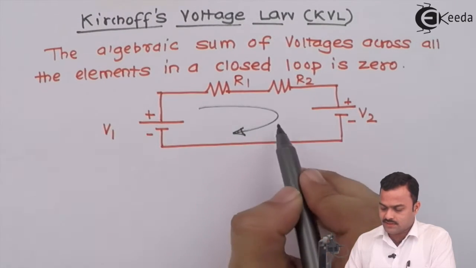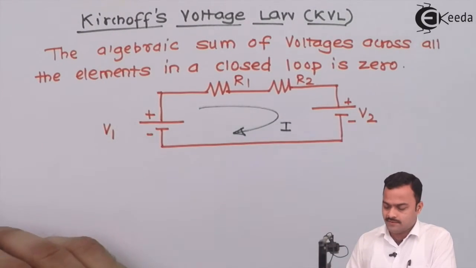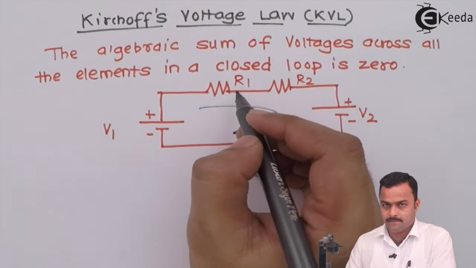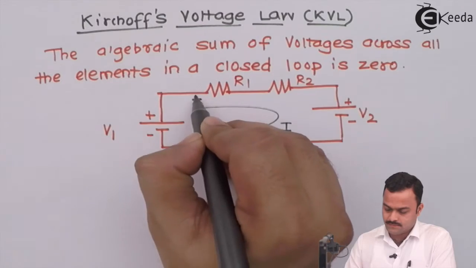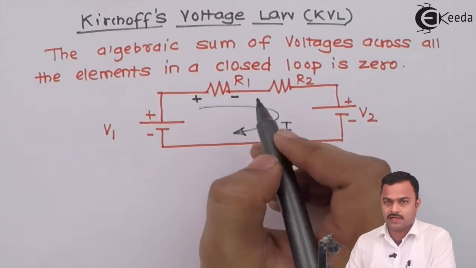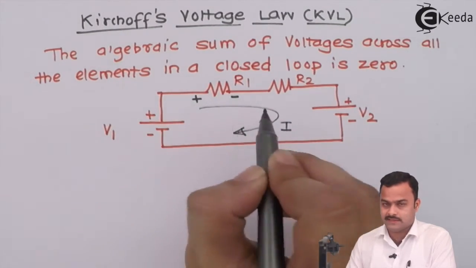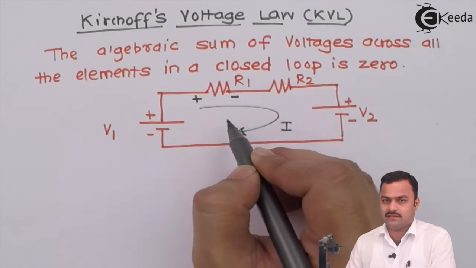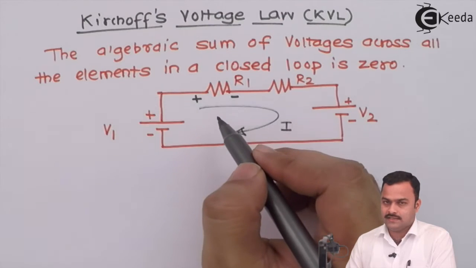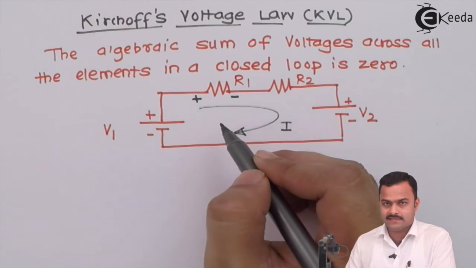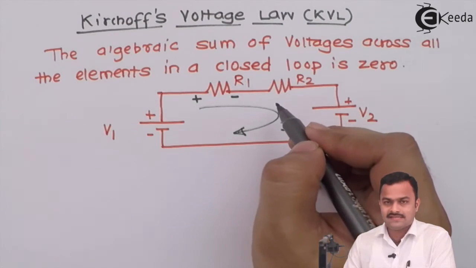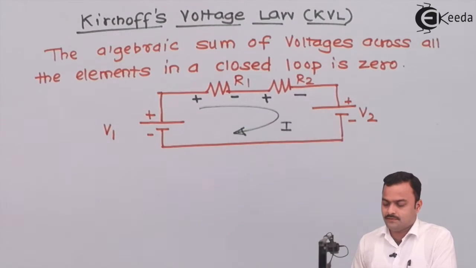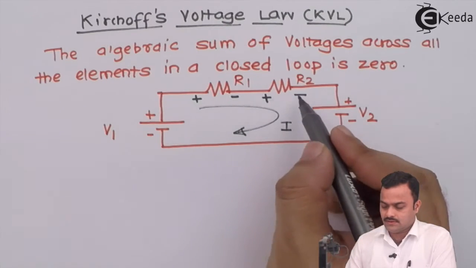Let's consider this is a current I. This current flowing through the resistance R1 will always give you a voltage drop. Drop means it is plus minus in the direction of current. You have to remember this sign convention properly, because that is the most fundamental thing which we require henceforth while analyzing any circuit. Similarly, the same current flowing through the resistance R2 gives rise to a voltage drop, plus minus, of this nature.